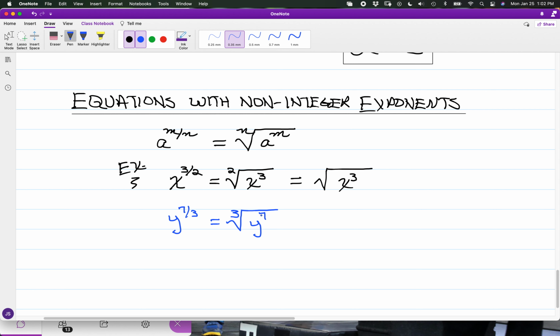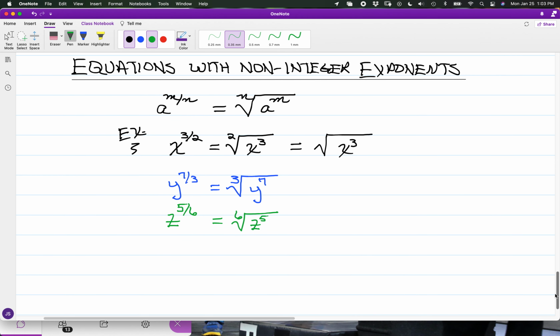So we have the cubic root of y to the 7th. And if I have something like z to the 5/6, the type of radical is going to be a 6th root, of z to the 5th.